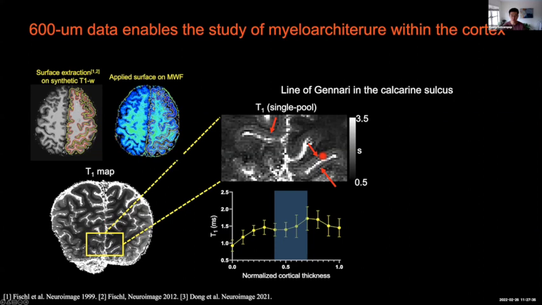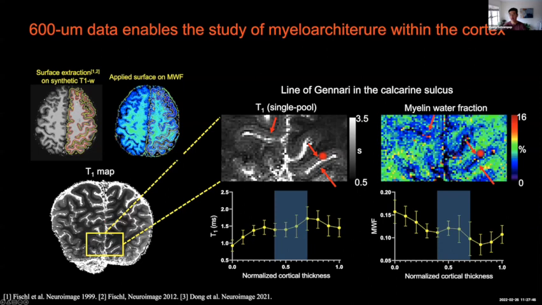For example, here's the T1 map in the line plot. You see the dip in the T1 value across the mid part of the cortical depth as expected, whereas in the myelin water fraction, you see a bump, which corresponds to what we expect. Still a bit noisy, but as to be expected, this is a 600 micron quantitative map.